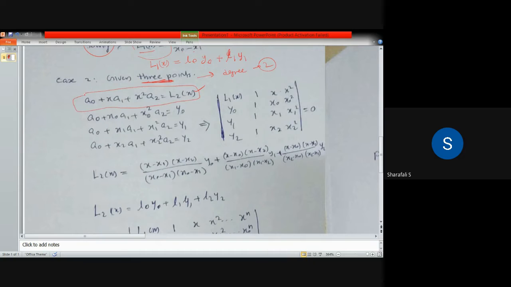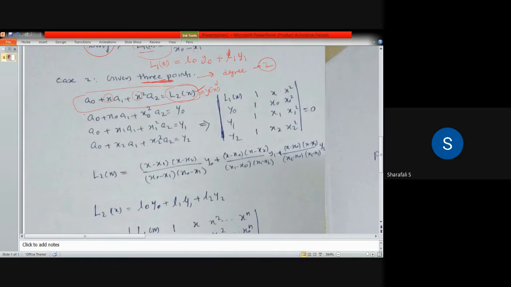This is the general equation for that particular polynomial. L2 of x will be equal to a0 plus x a1 plus x square a2. Whatever x you substitute here, that corresponding y value you will get with this Lagrange's polynomial equation. This is nothing but your y of x for this x value, which is unknown.